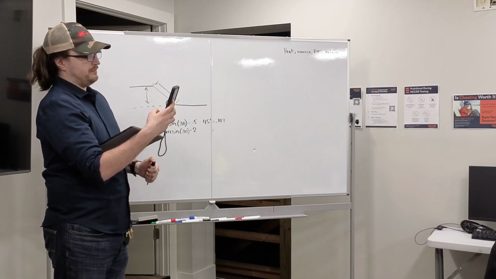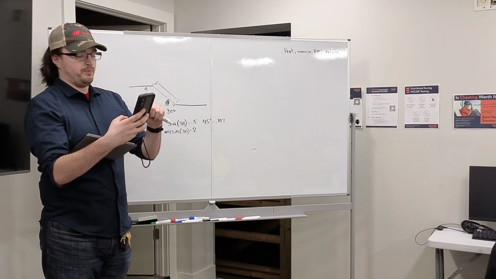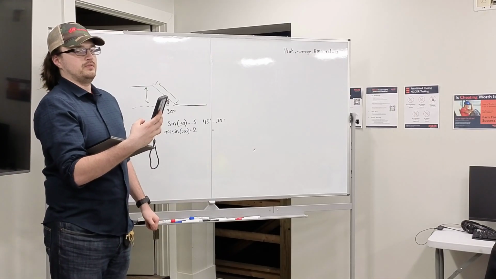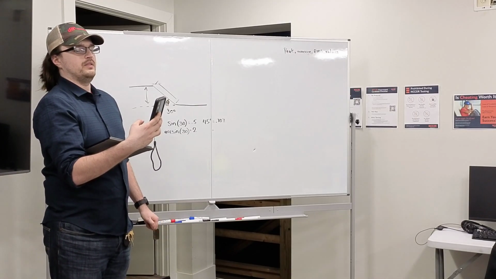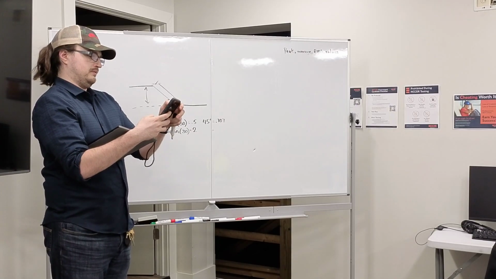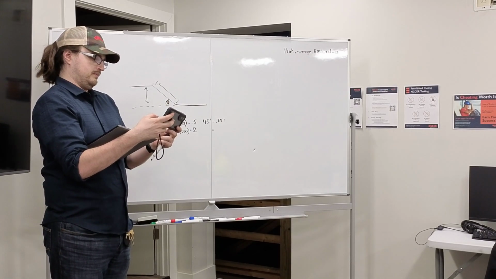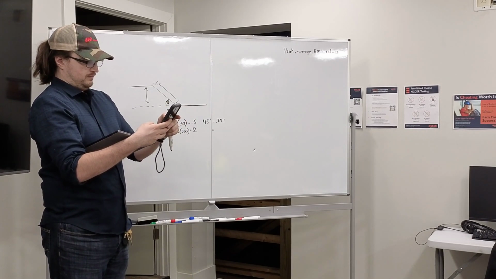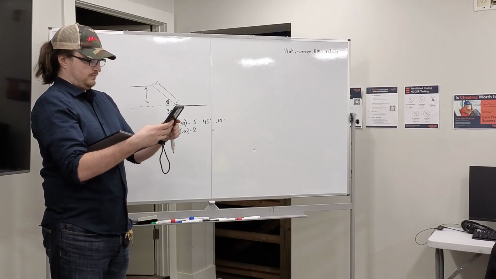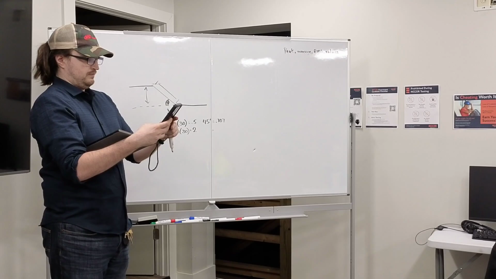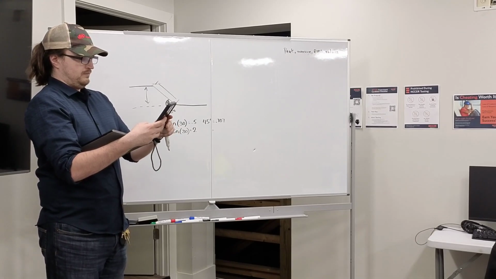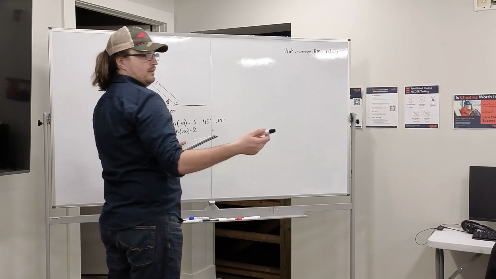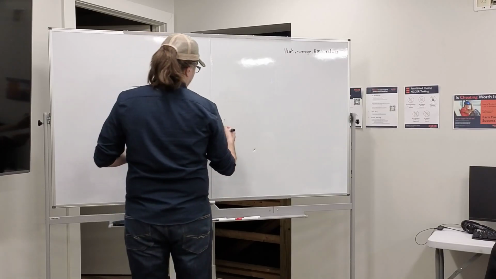Did you use the arcsine key or the sine to the negative first power key? I just did sine of 45. You can just put 1 divided by sine 45. Oh yeah, that's your arcsine too. 1.414. So 1 divided by 0.707 is 1.41.